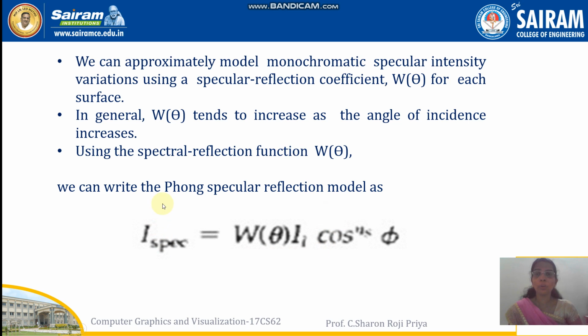Now I'll write the Phong equation for specular reflection. Intensity of specular reflection is equal to the constant, times I, the intensity of the point light source, times cos^ns phi. This is the Phong equation for specular reflection.